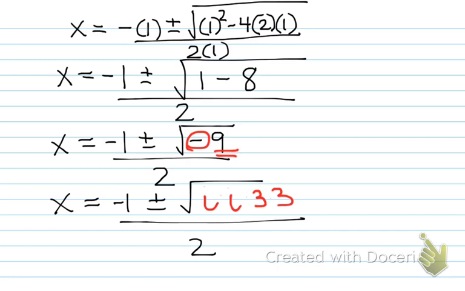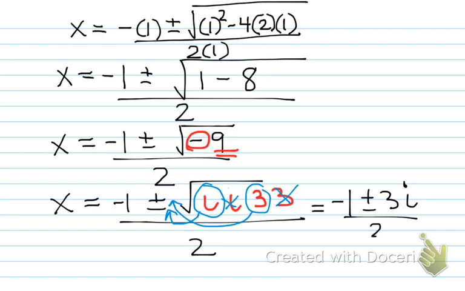Then one of the pairs comes out of the house and the other disappears. We have another pair, so the 3 comes out and the other 3 disappears. So our final answer is negative 1 plus or minus 3i all over 2.